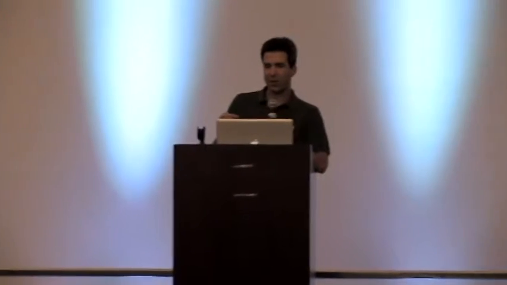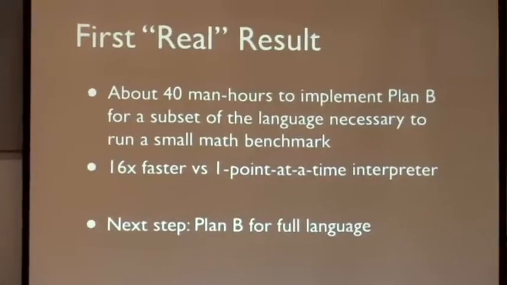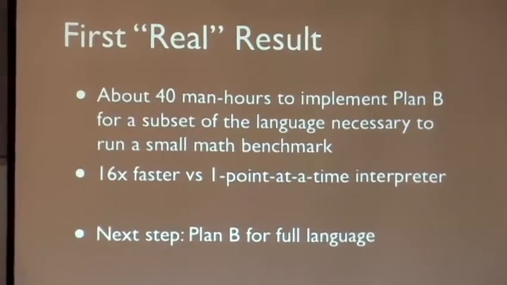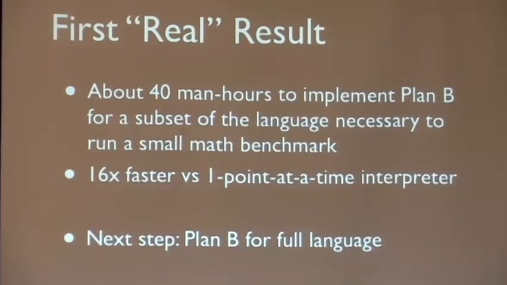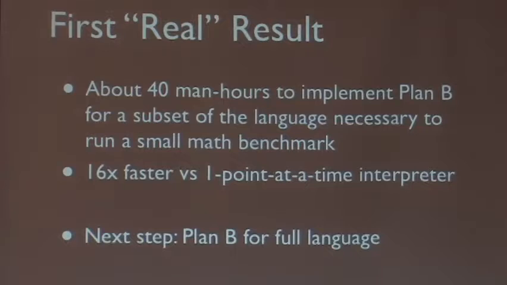But we immediately had very good results from this, wherein compared to running the interpreter engineered to do just one point at a time, it was at least like 16 times faster than that, which was very encouraging for us at this point, because performance was the biggest bottleneck to getting this all accepted. Of course, the batch interpreter, if given big batches, was much more competitive, but we knew from experience that was just very hard to do at this point.